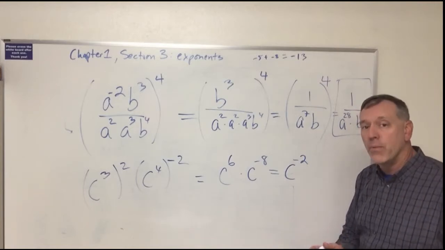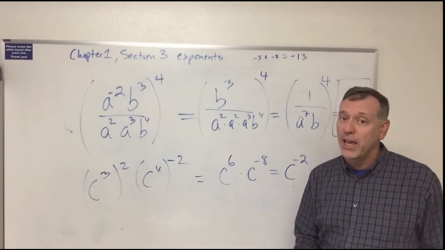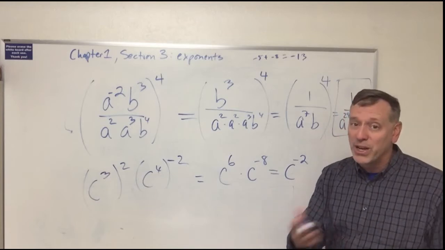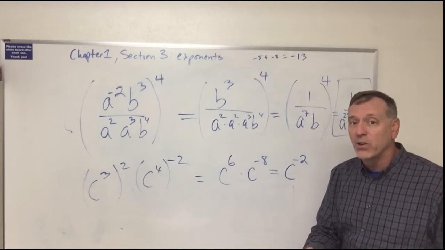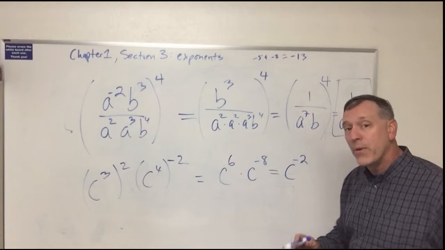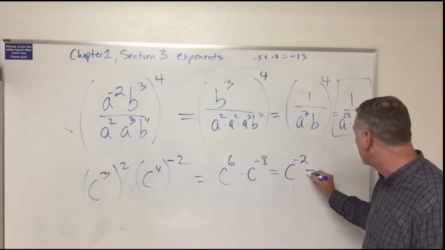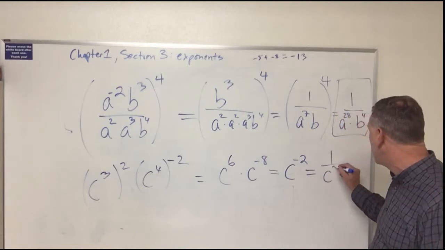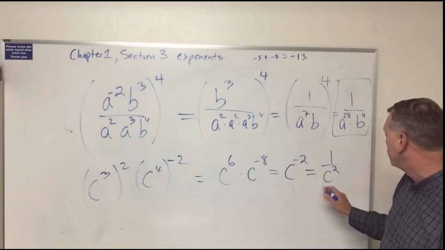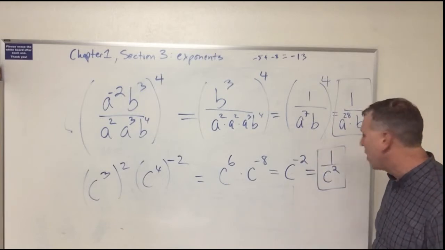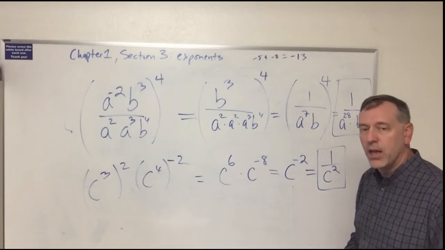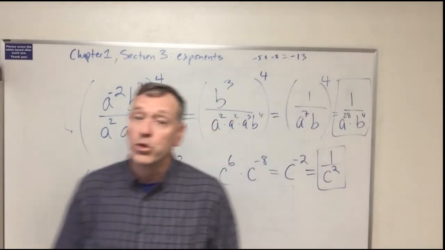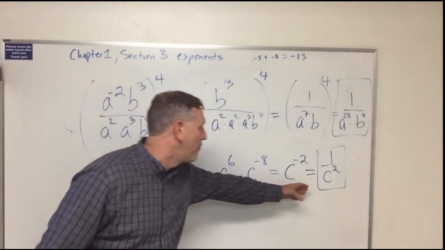Now yet again, mathematicians don't necessarily like, especially in this algebra book and in intermediate algebra, writing final answers with negative exponents. So they would have you write this as a fraction. And the way we would do this is 1 over c squared. C to the minus 2 is 1 over c squared. And so that's how you would manipulate those terms in order to generate a fairly simple outcome.